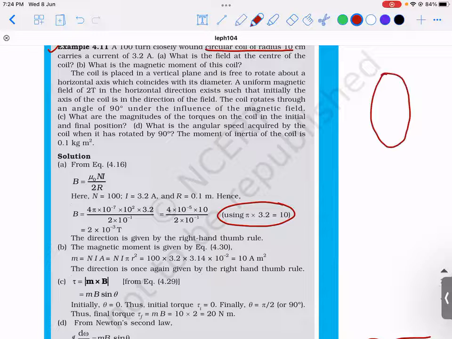The coil is revolving about an axis through its diameter, it is revolving like this. A uniform magnetic field of 2 Tesla in the horizontal direction exists.